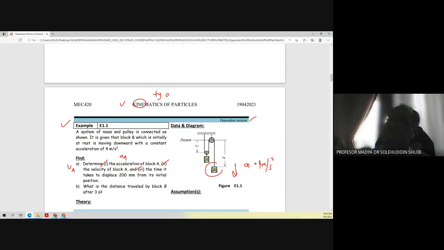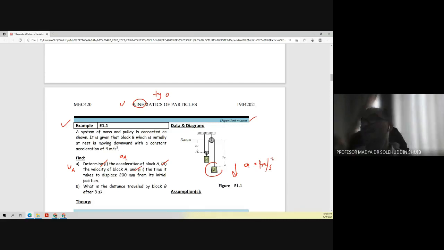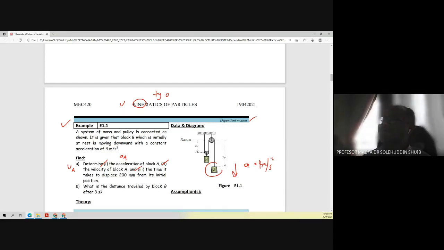How long? The value of S. So block B goes down, so block A will go up. So what is the distance traveled by block B after 3 seconds? These are the questions that we need to solve.